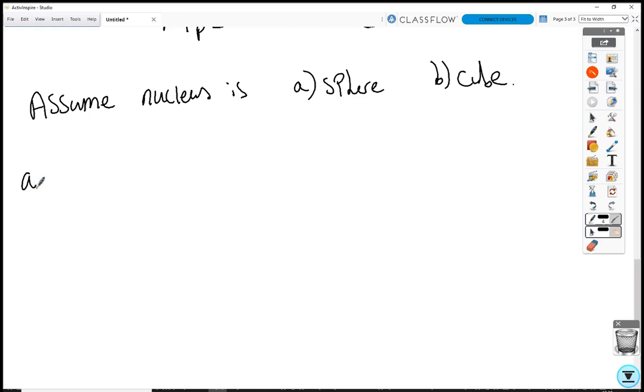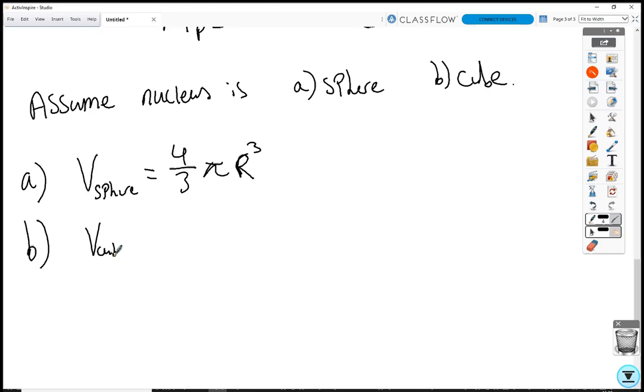The volume of the sphere is equal to 4 over 3 pi r cubed. Now, because we're doing it for the nucleus, I'm going to change that r to a capital R. And for the cube, V cube, we do the radius times 2, that gives the diameter, then you cube the diameter to get the volume.